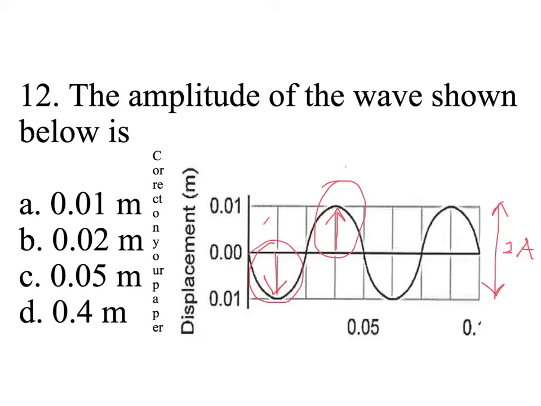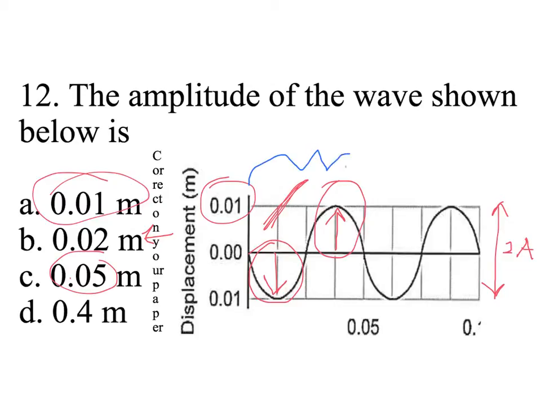Either one of these two right here is the amplitude. So this is the correct amplitude right here. The second answer would be twice the amplitude. This number, 0.05, is meant to catch you when you notice this distance right here, because this distance right here is the wavelength.